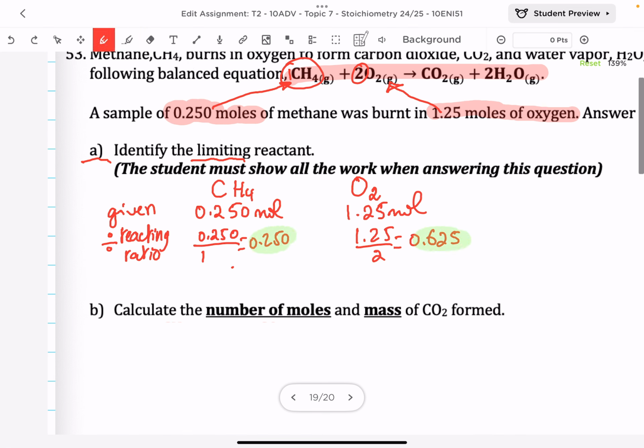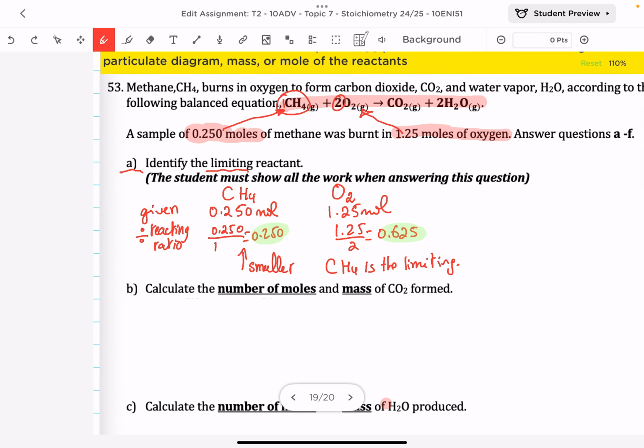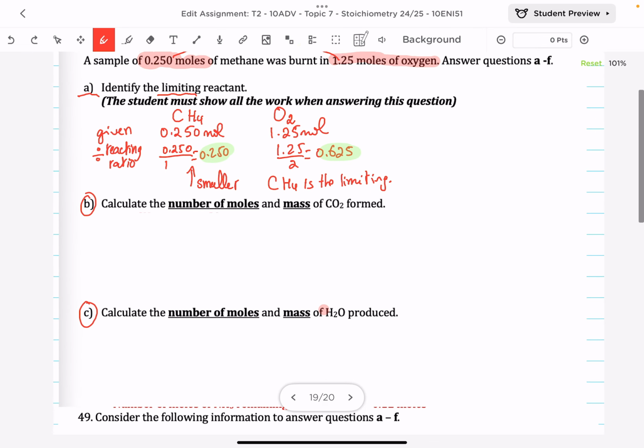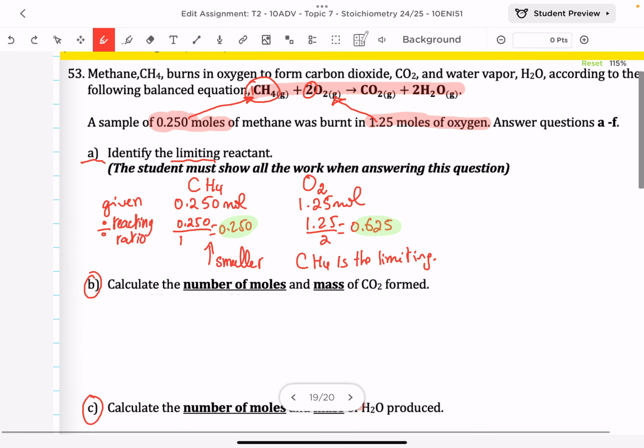Since this answer is smaller, CH4 is the limiting. Since this is the limiting, for the next questions you are not allowed to use this value in your calculations, because the 1.25 is the excess reagent. It's not going to give me the correct answer.